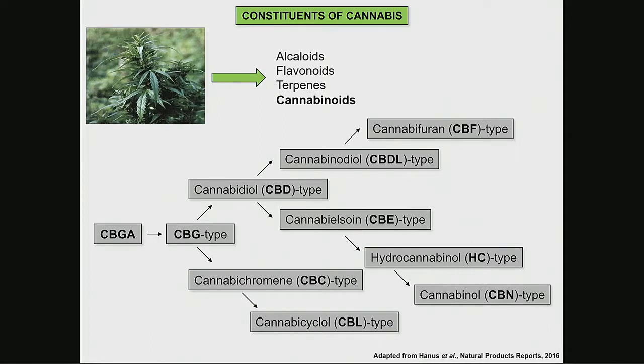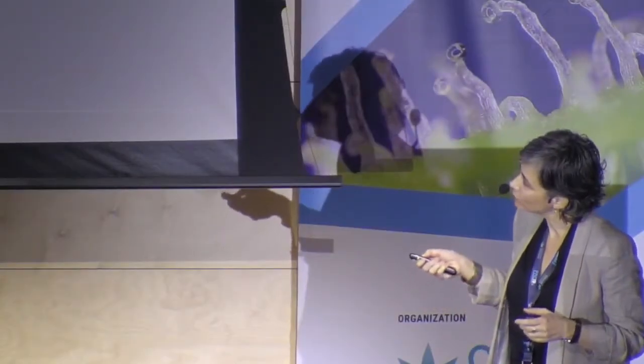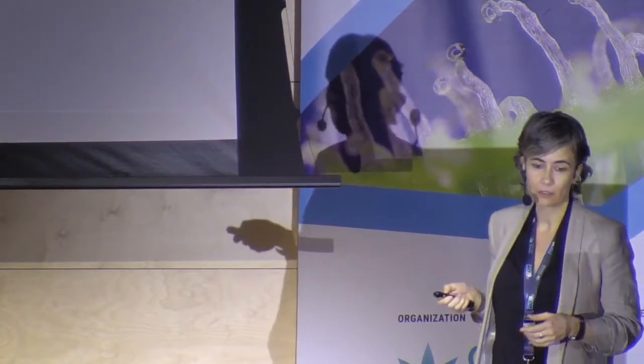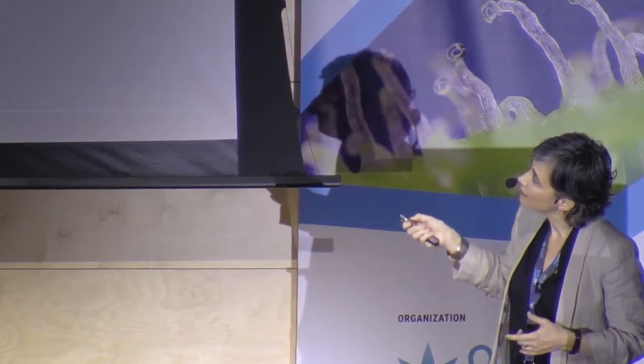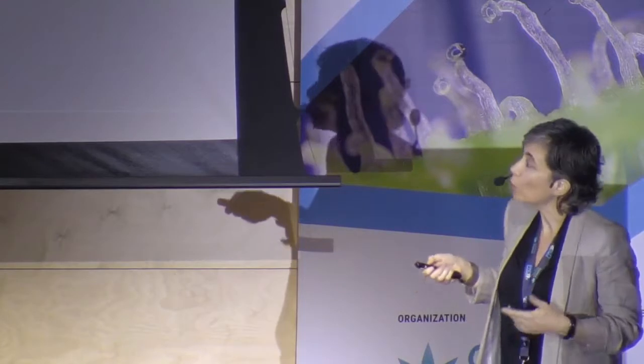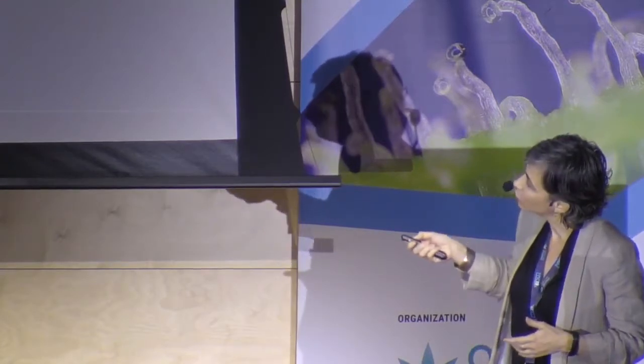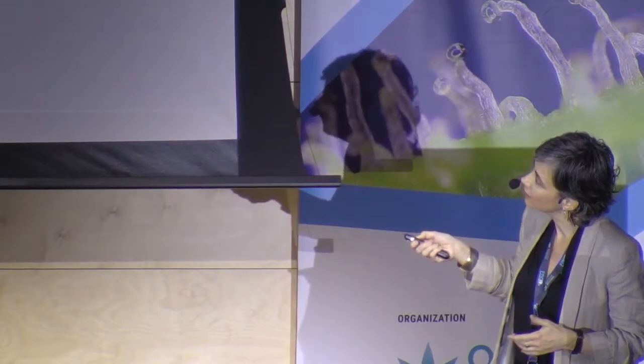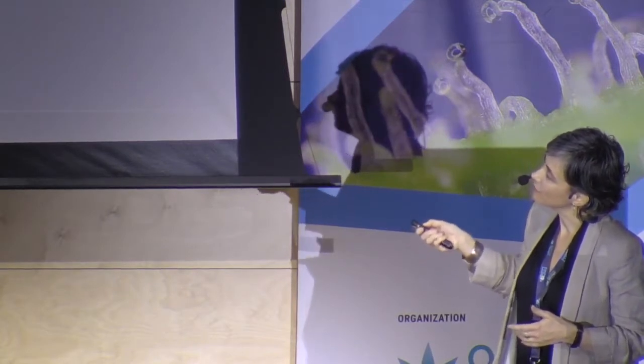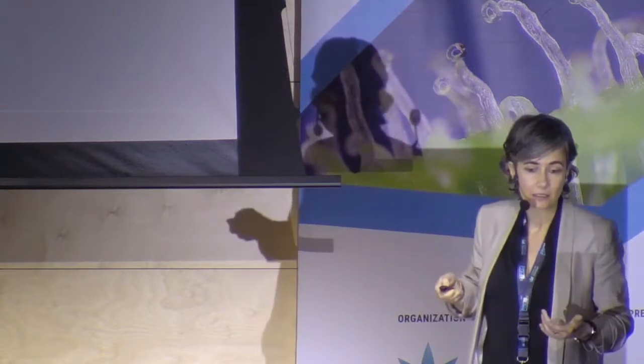One of them is this other family, the tetrahydrocannabinol type, which includes THC. Why am I showing you this slide? Because each of these arrows represents an enzymatic machinery that produces the different families of cannabinoids. In other words, we can breed plants to produce more of these cannabidiol cannabinoids, or we can breed plants to have more of this machinery, and the result will be plants that produce more THC than CBD.